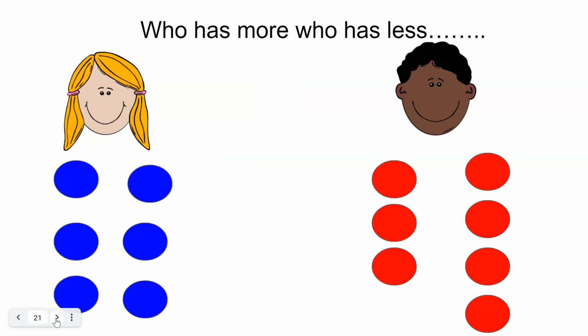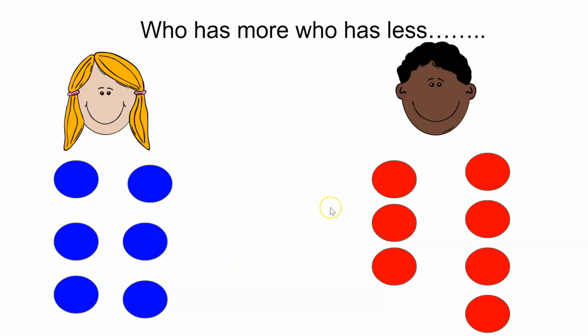All right, so we have our little girl here. We'll name her Jane and our boy Sam. So who has more and who has less? So let's look at who has more. So how many counters does Jane have? 1, 2, 3, 4, 5, 6. Good.